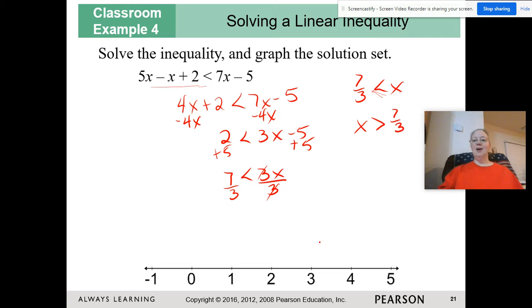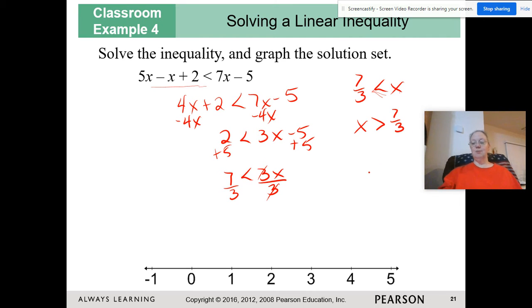Okay, now we need to graph it. Well, a lot of students struggle with graphing an improper fraction. So the easiest way to do it is to make it a mixed number.